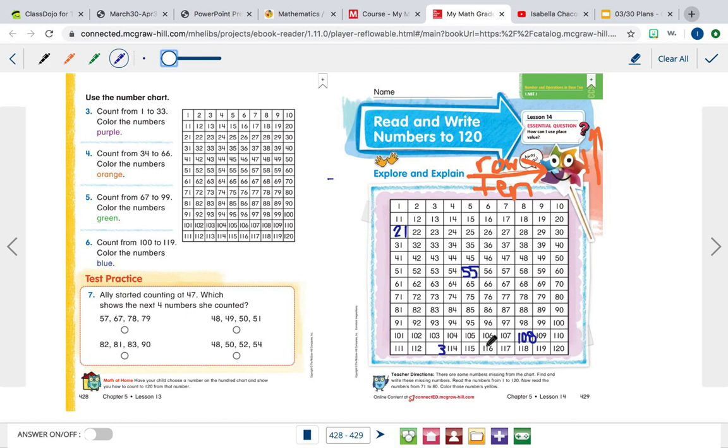All of our numbers in the tens place have a 1. And finally, let's look at the hundreds place. Are there 100s, 200s, 300s? I hope you said there's 100s. So our answer here is 113. So let's go to the next page.